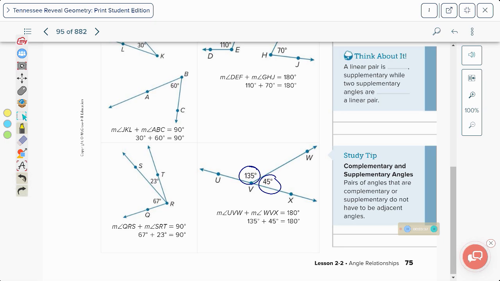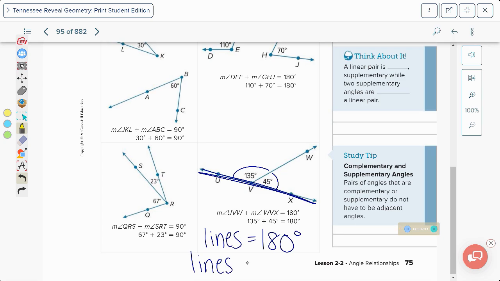A trick here, guys, anytime two angles meet together like this to form that straight line at the bottom, they will always be supplementary. Because if we think back to our previous lesson, every line ever will always equal 180 degrees. Therefore, lines are always supplementary angles.